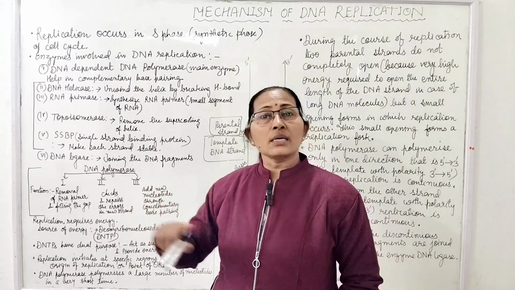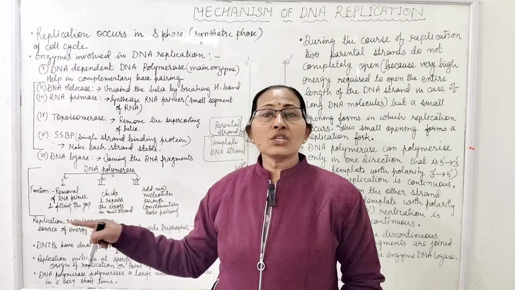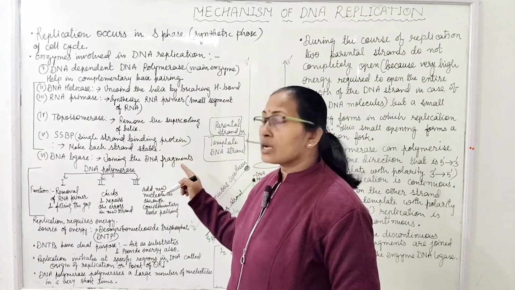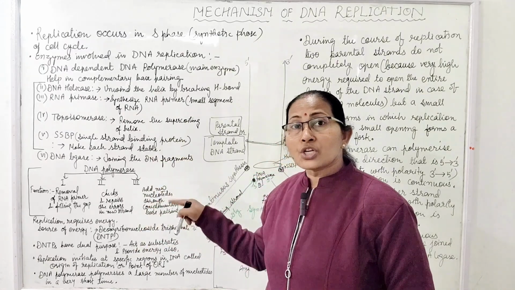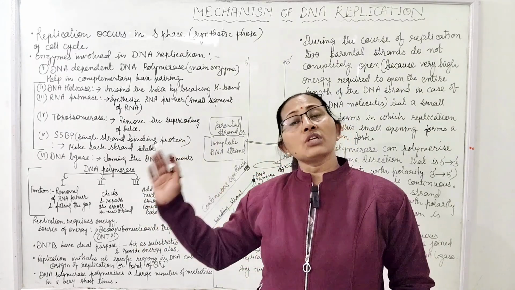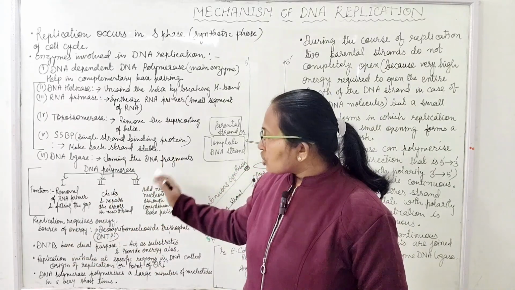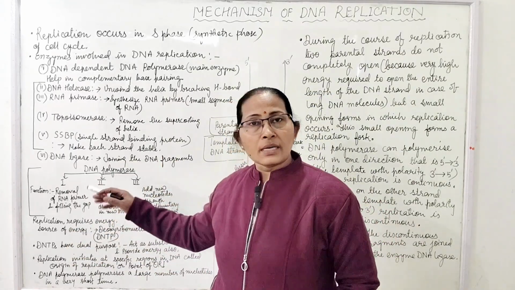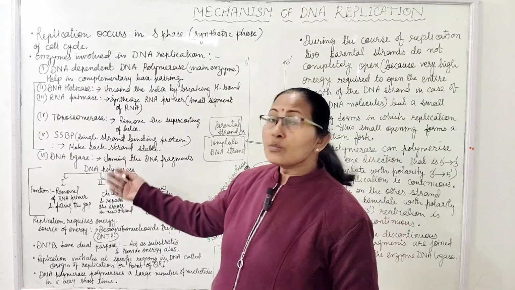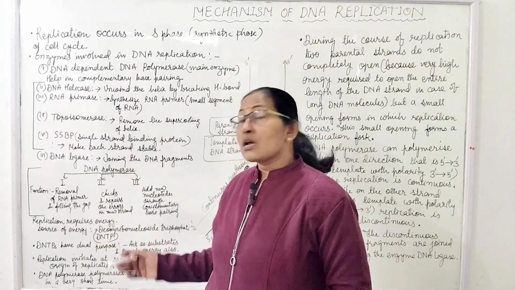DNA polymerase 3 is the main enzyme responsible for adding complementary bases according to the template strands, making new strands. Checking and repair is done by polymerase 2, and removal of the RNA primer by polymerase 1.